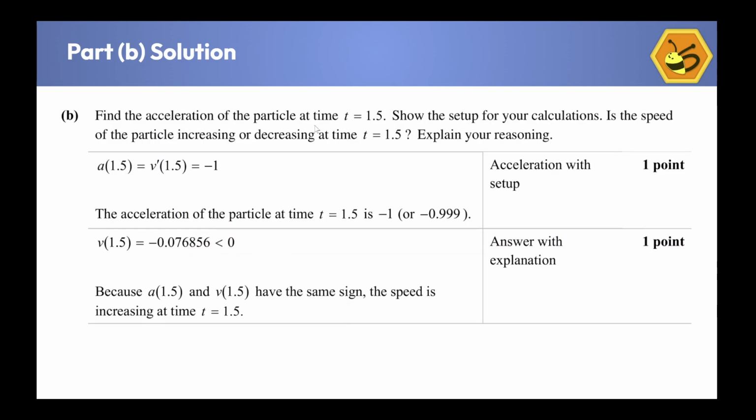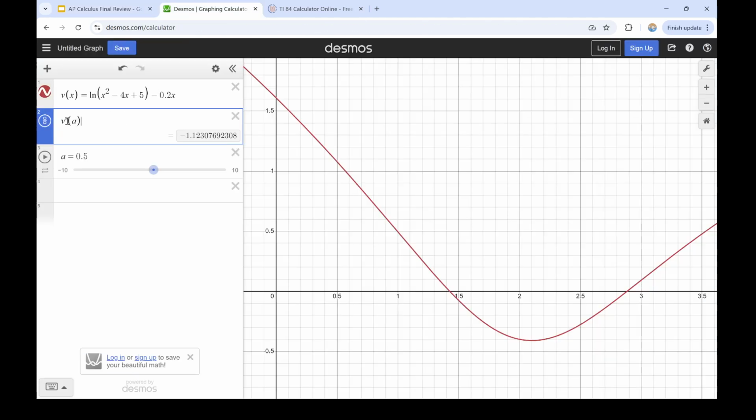So for part B, we can find acceleration using our graphing calculator, just like what I have shown here. You can change this to 1.5.